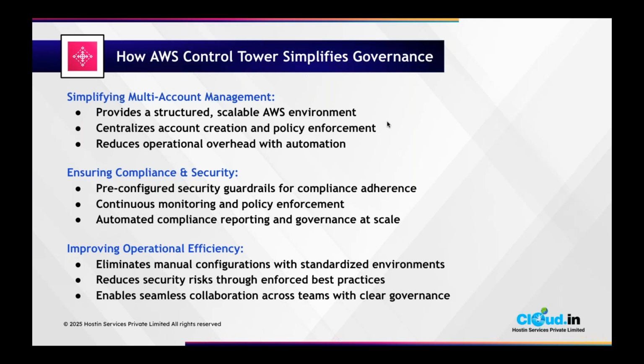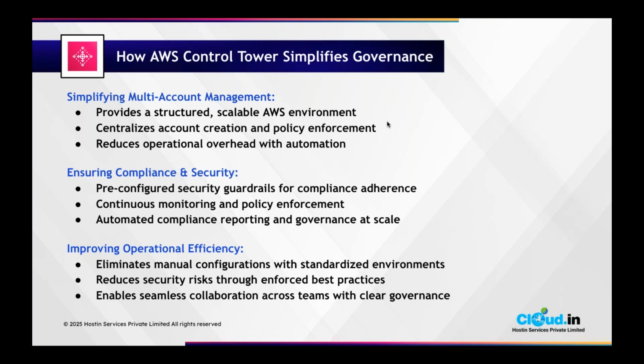The first one is pre-configured security guardrails for compliance adherence. AWS Control Tower includes built-in preventive and detective guardrails that enforce security policies across all accounts. For example, it can prevent anyone from launching any server or activating any services, or restrict read or write access from creating any new AWS service. Next is continuous monitoring and policy enforcement.